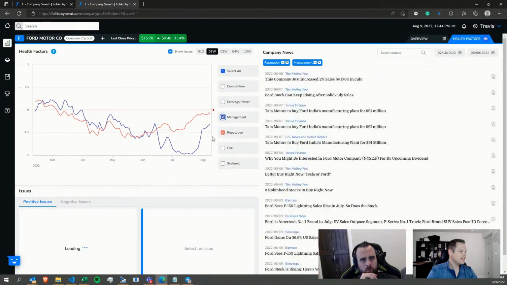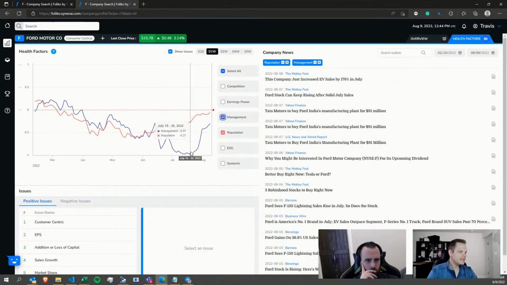Now, what I think is interesting here is that their management scores didn't go up when the stock price did, but something between July 20th and now, beginning August, has really been charging upward. So this is actually a company that we're seeing across the board quite a bit of strength in. So yes, some one-day momentum there, something good to catch.